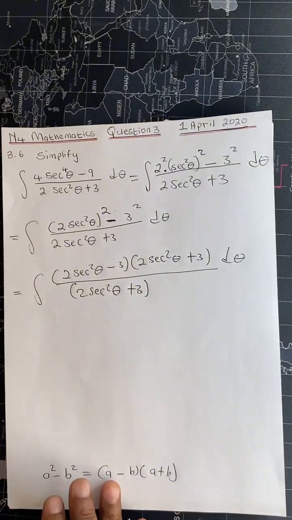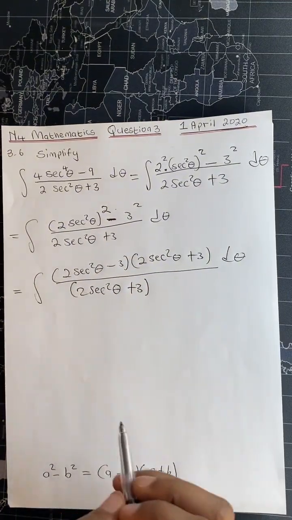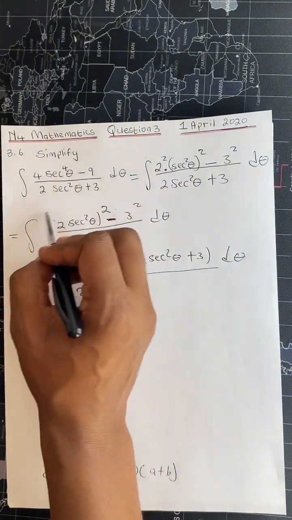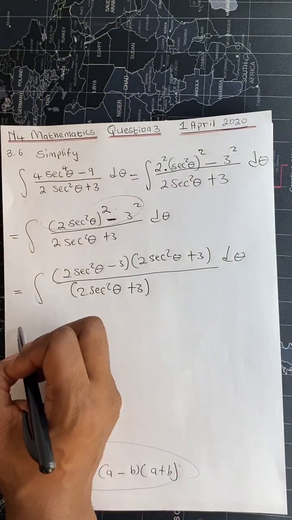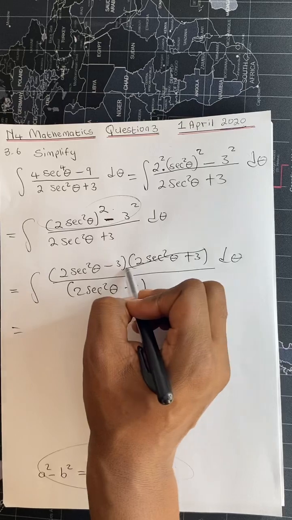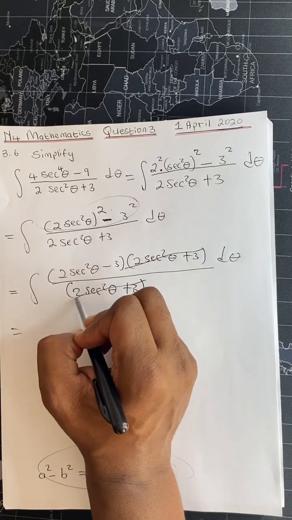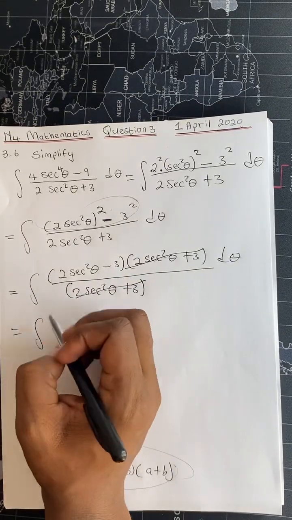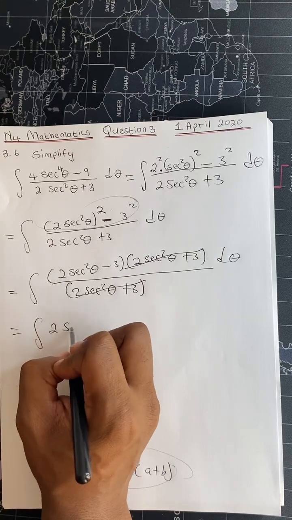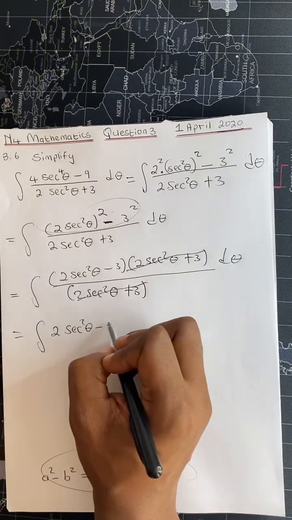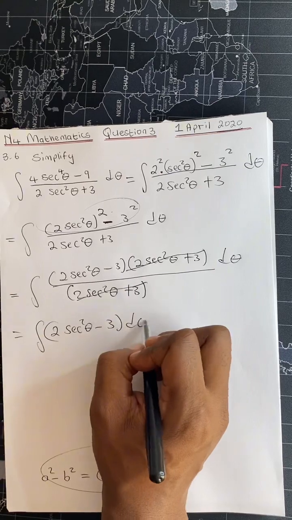What I did here is just the same as what we have above. So that 2 sec squared theta plus 3 will cancel out with that 2 sec squared theta plus 3, and we'll be left with the integral of 2 sec squared theta minus 3 d theta.